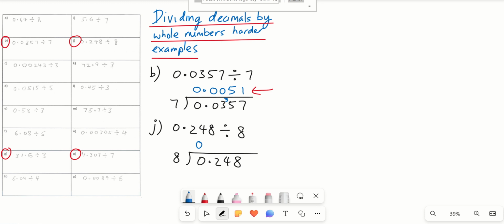And we also know that 8 goes into 2, which leaves us with a remainder of 2, which gets combined with 4 in the next column to form 24. Now we know that 3 eights go into 24, leaving us with no remainder. And finally, we know that 1 eight goes into 8. So the answer in this case is 0.031.